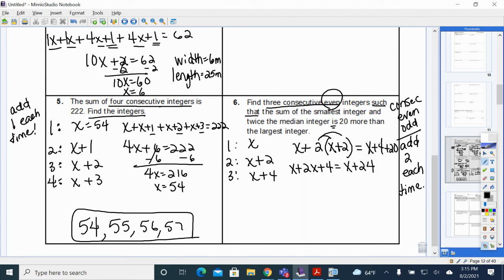I'm going to combine the x and the 2x on the left. I'm going to subtract the x from both sides. And then subtract the 4.